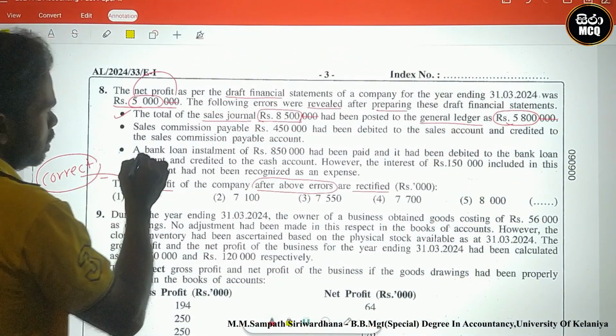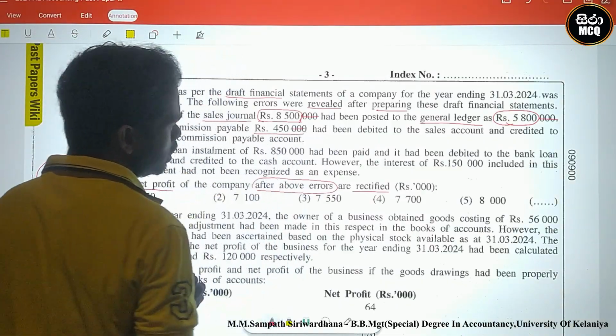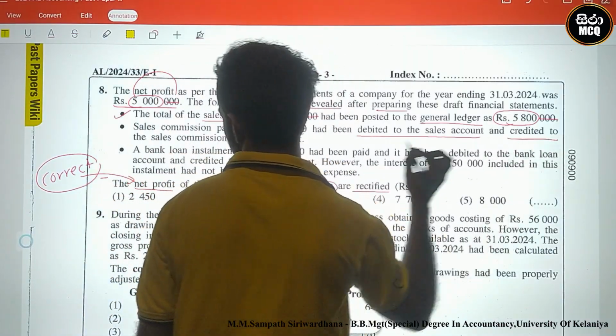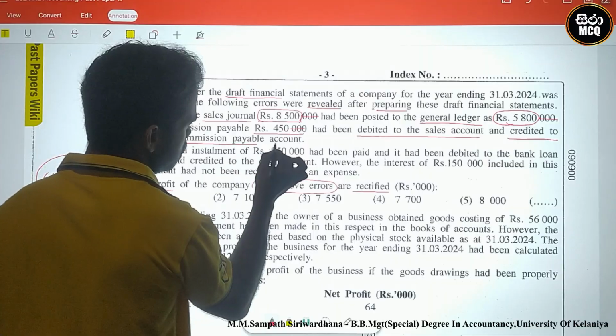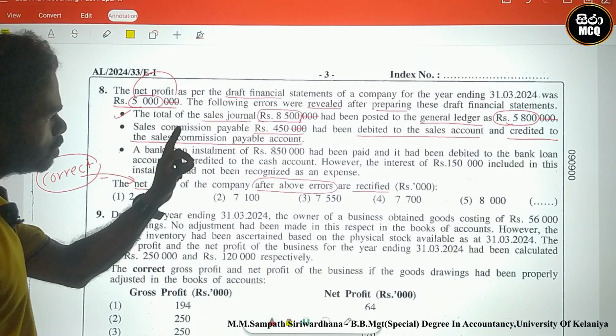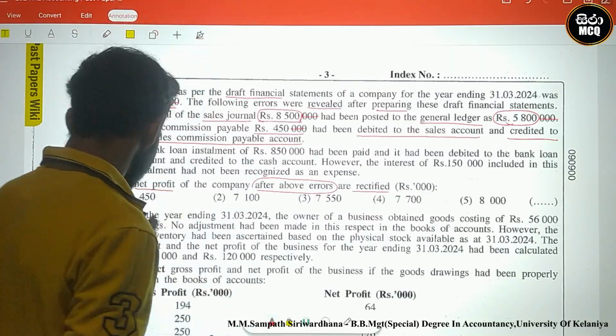First one is okay. Sales commission payable 450 had been debited to sales account and credited to sales commission payable account. This is the sales commission payable 450. What is the correct entry?